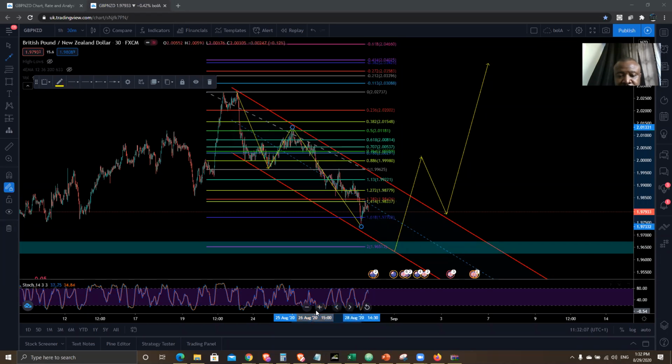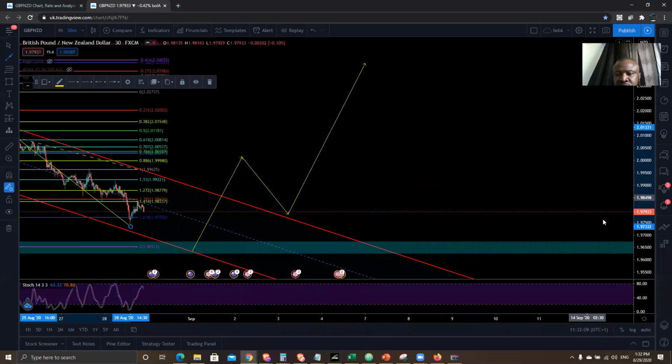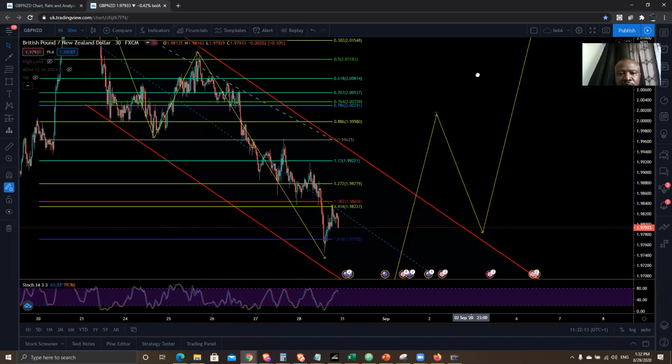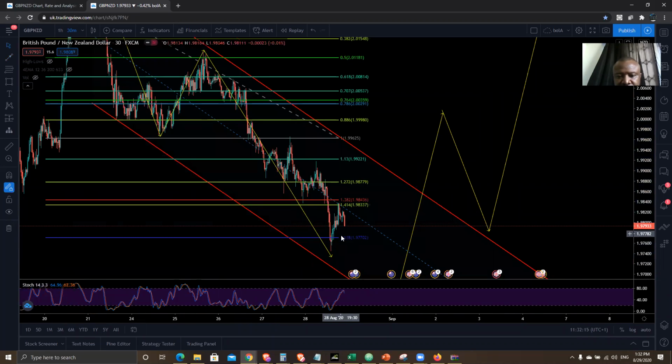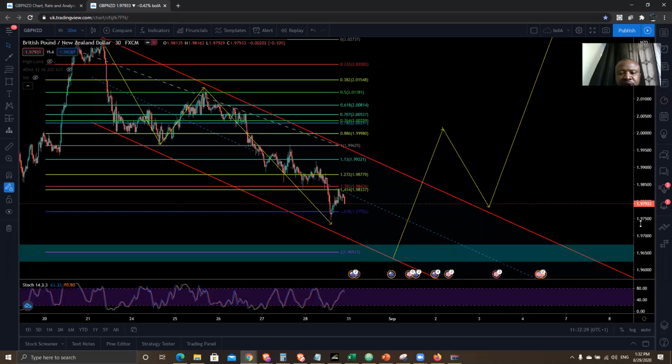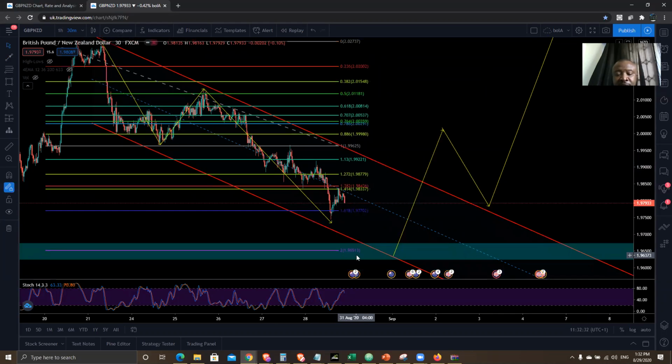In fact, note the fact that the 1.618 is there. If that A to B's ABC pattern is going to complete at 1.618, the 1.9770 area, we might be looking for further buyers coming into the market to push the price up. If they fail, then we look for it.